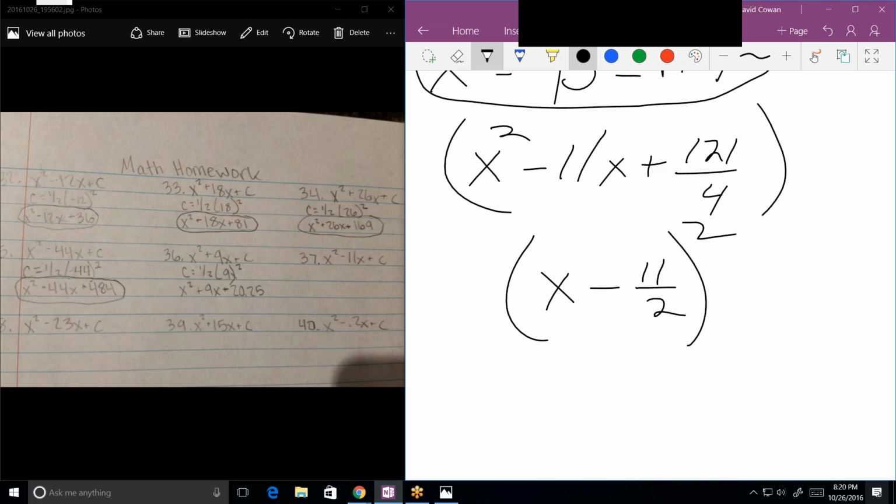The advantage is, if I happen to have an equation where that's equal to 5, now I can solve for x really easily by taking the square root of both sides. So I start with something very hard to solve, and by completing the square, I can now solve it. So that's what 37 is.